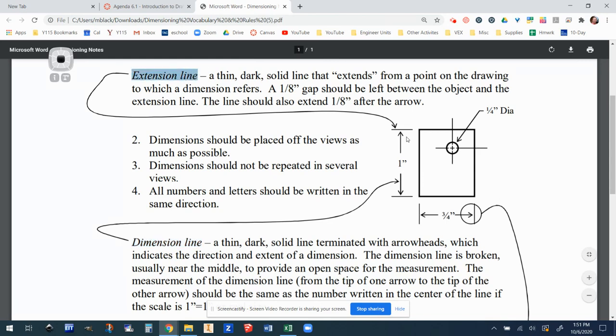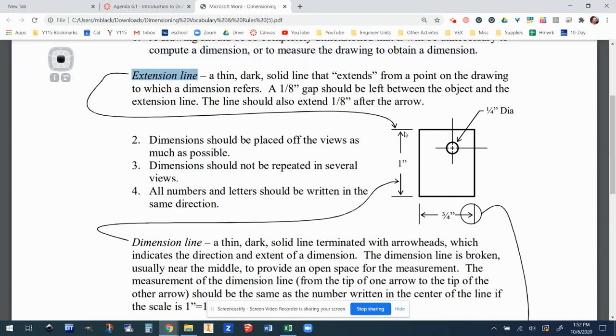Extension lines are these lines here. Okay, here and here. And they do what they say they do. They extend out the top portion of this drawing out here, and they extend out here. And all it's used for is measurement, okay? So what we're accomplishing here is we're showing the measurement from the top to the bottom.